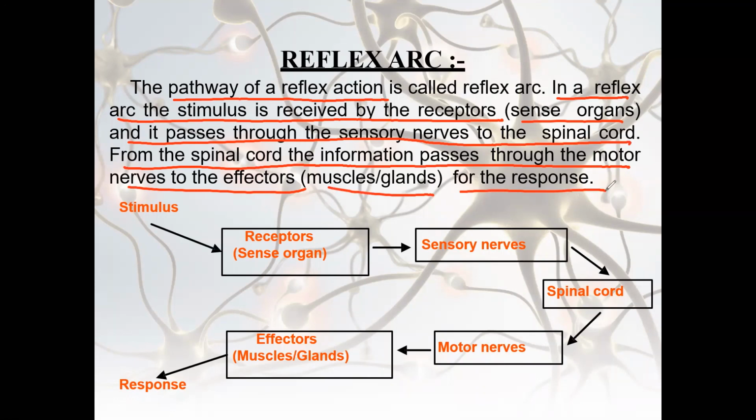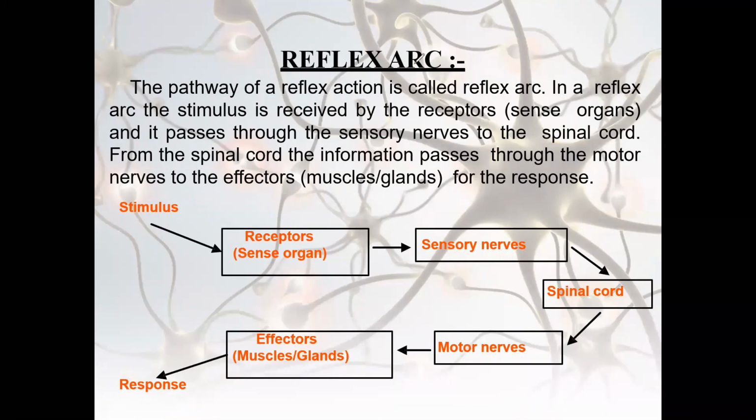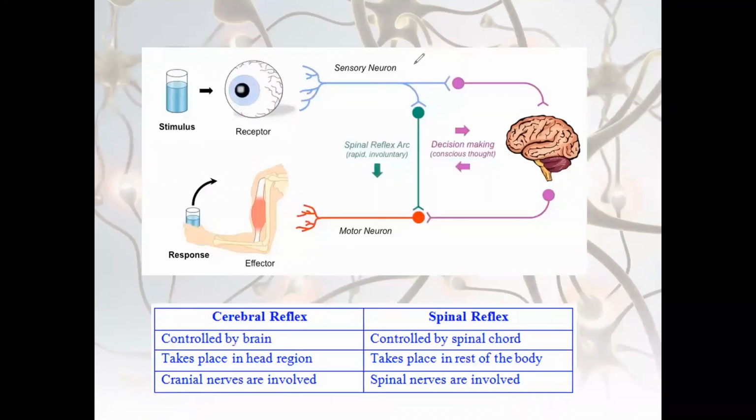Here you can see the stimulus, receptor, sensory nerve will pass a message to the spinal cord. The spinal cord will send the message through the motor nerves to the effector and we will see the response. One more, receptors and effector.